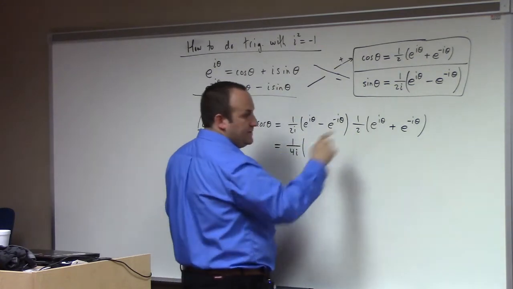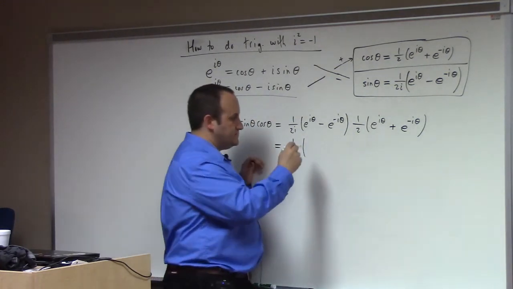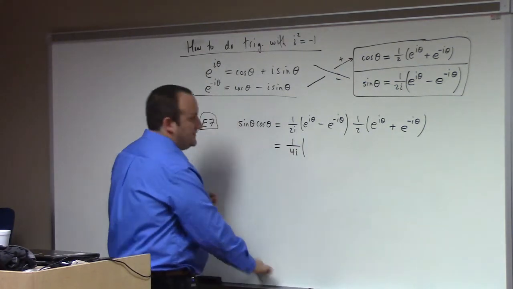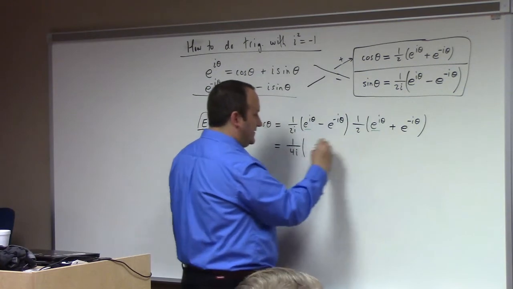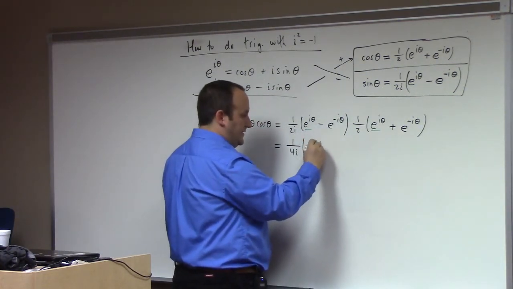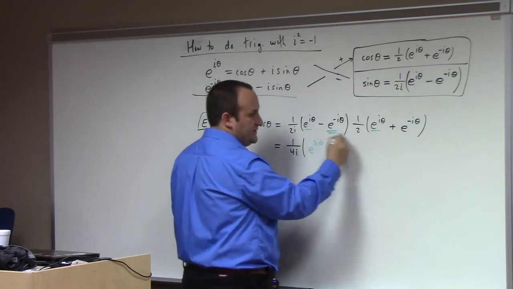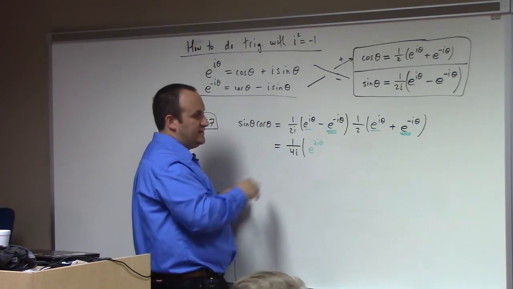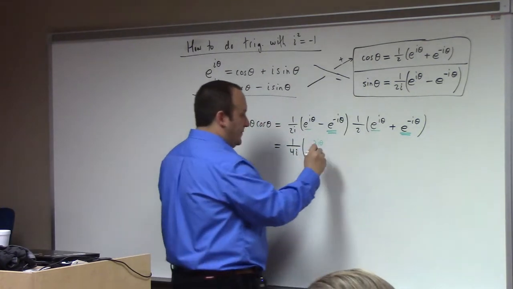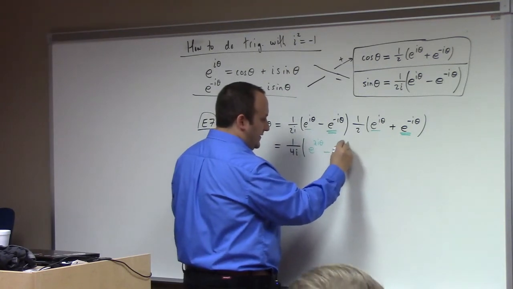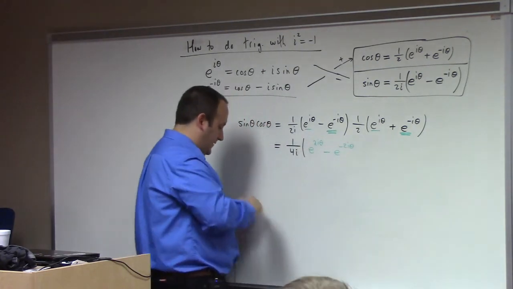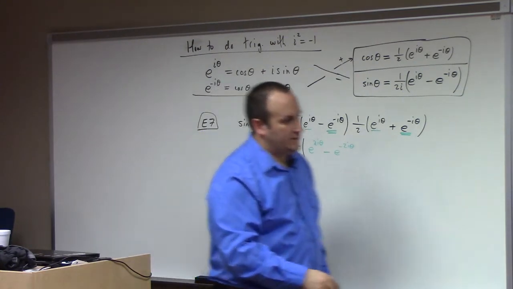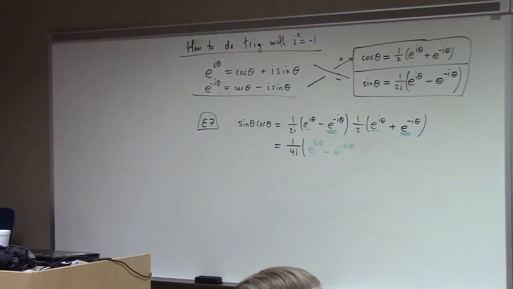And what happens when I multiply these? What do I get? What's e to the i theta times e to the i theta? Guess what? It's e to the 2i theta, right? The other term, with the minus i theta times the minus i theta, gives me minus e to the minus 2i theta, right? Then, what do I get from multiplying the other terms?